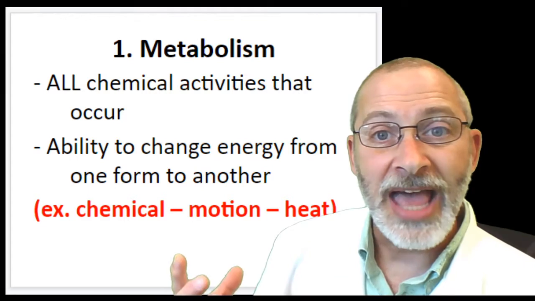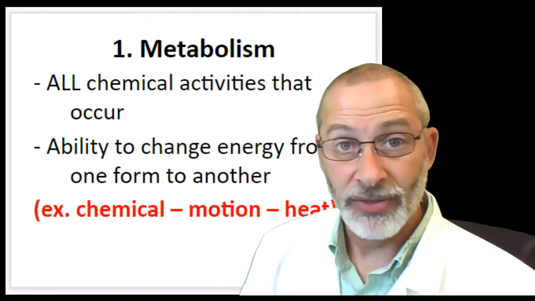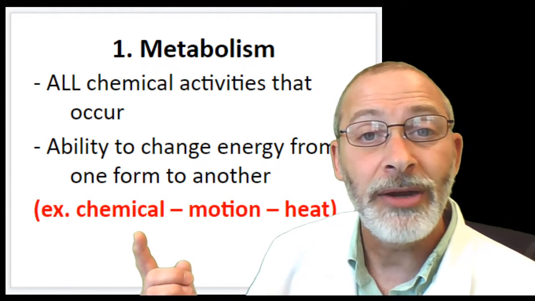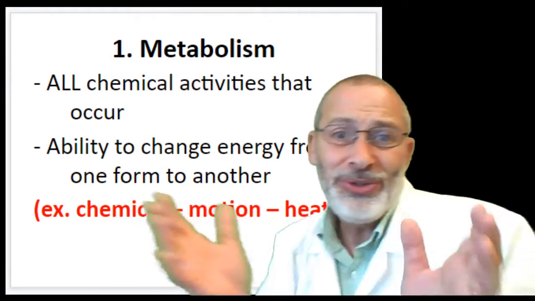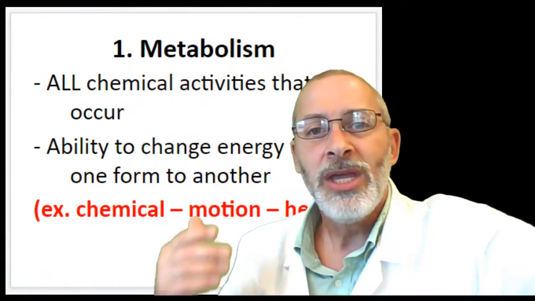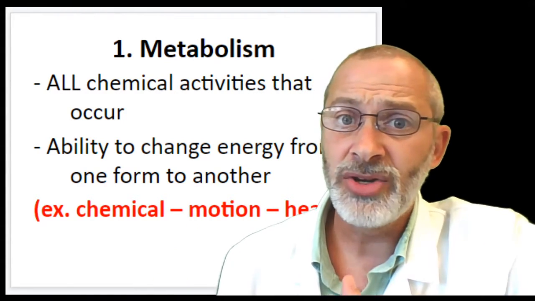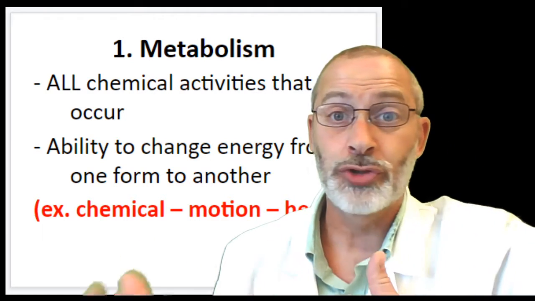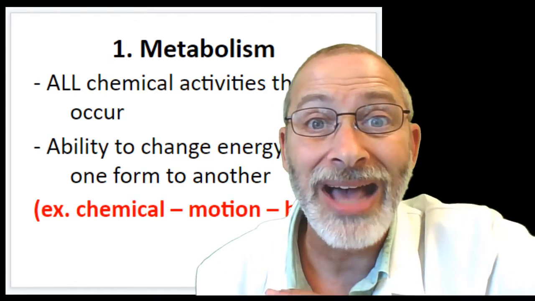Now, once you've done that, your body, starting on a cellular level, your cells, thus your entire body, start converting or changing the form of that chemical energy into energy of motion. I'm doing it right now. I'm moving around, but you don't have to be crazy like me and move around on a macro level to understand that even on a microscopic level, your body, made of trillions of cells, all of those cells are moving around as well.